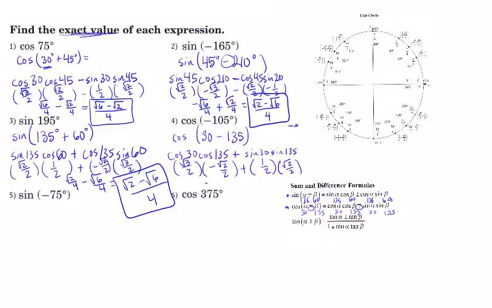So it ends up being negative root 6 over 4 plus root 2 over 2 after we multiply. And so it'll actually be the same thing we got in the last couple, right? So it'll end up being root 2 minus root 6 over 4, right? So I put the negative second, so root 2 minus root 6. And that's it. All right, so try out number 5 and try out number 6, okay?